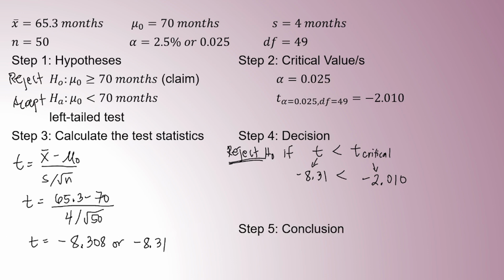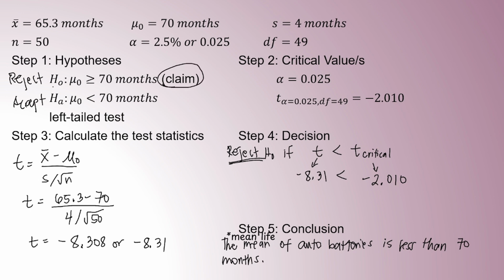So, for the conclusion, we can say that the mean of the auto batteries is less than 70 months. And to make a decision if the claim is valid or invalid, again, our claim is the null hypothesis and we reject it.